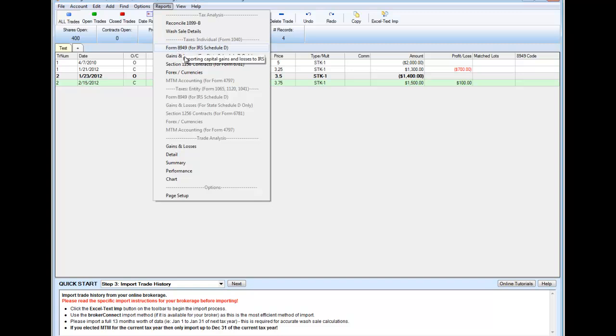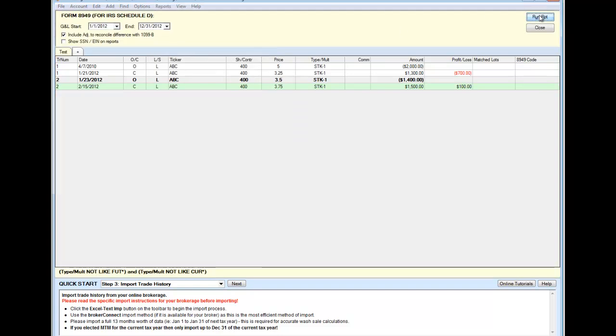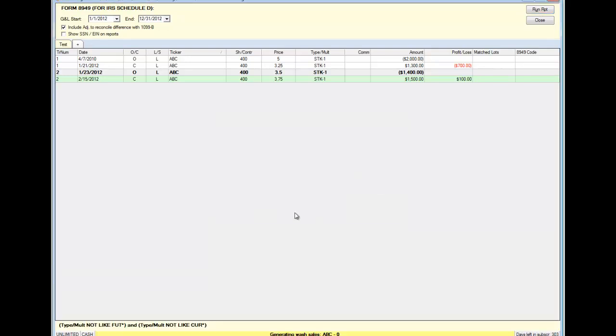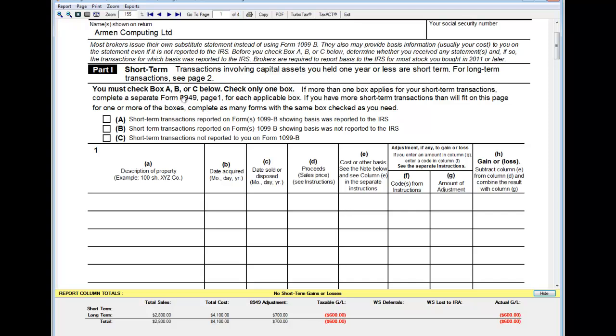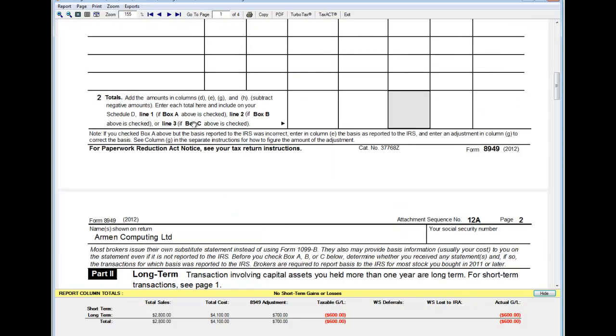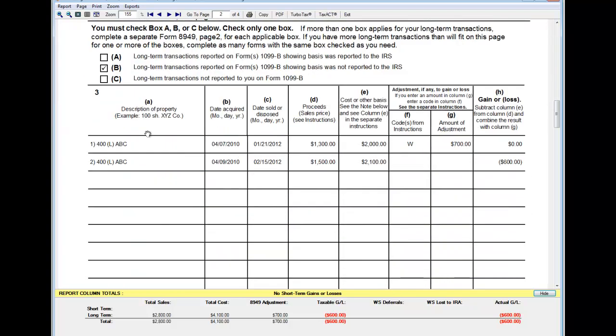Notice what happens when I run the reporting for this. When I run the 8949, you would think that we would have a short-term trade. However, nothing shows on the short-term section. We go down to the long-term, and that's where both of our trades are. Notice the first trade that was bought in April 2010, sold in 2012. Now we have a subsequent transaction which has been adjusted.